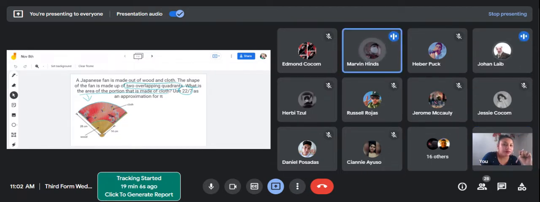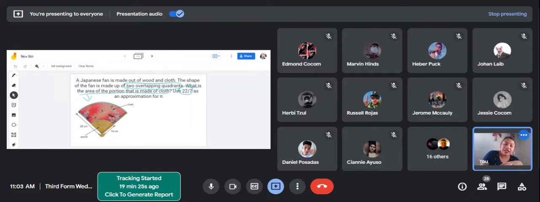Miss, first find the length of 14 and then find the length of the 28, then you subtract. Okay, I understand what you said, but it's not the length that we want. We want to find the area of the little wooden piece that has a length of 14, and we want to find the area of the entire fan.